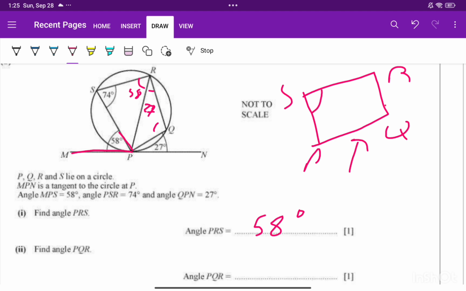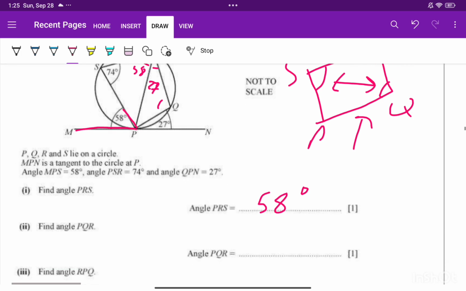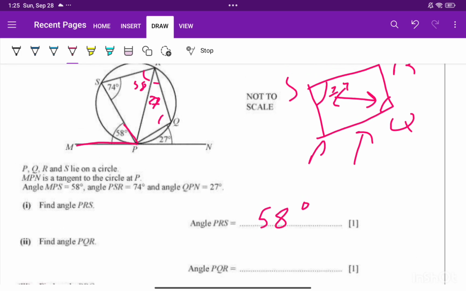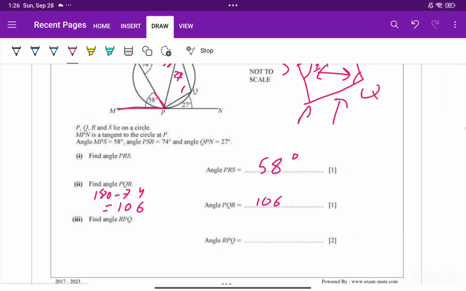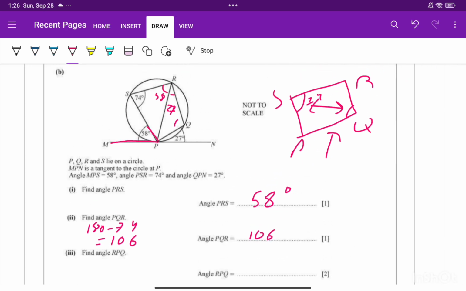So opposite angles in a cyclic quadrilateral add up to 180. We know S is 74, so 180 minus 74, our answer will be 106. Find angle RPQ. Now we know Q also, Q was 106.